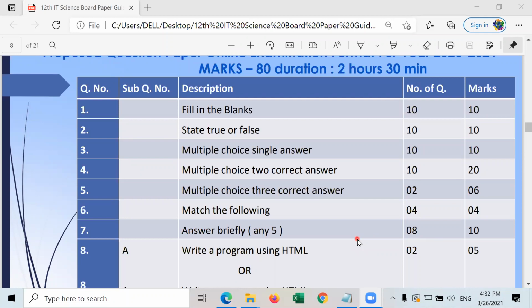But I would advise you to solve all questions, because if you solve 5 questions and if you make some mistake in one of the questions, you will lose marks for that question. But suppose you have solved 8 questions, and suppose you have made some mistake in 2 questions. Now the additional question which was solved correctly will act as a backup.